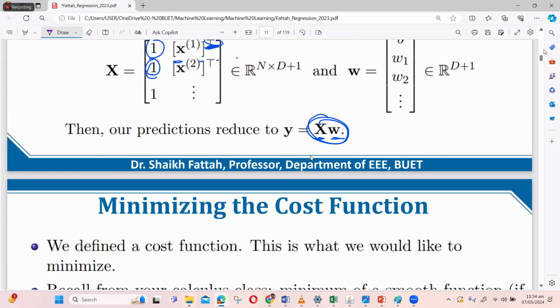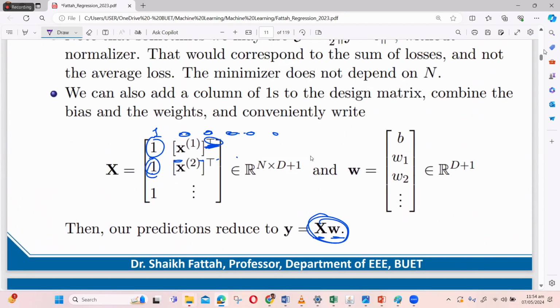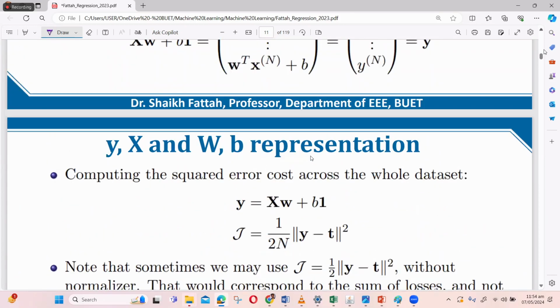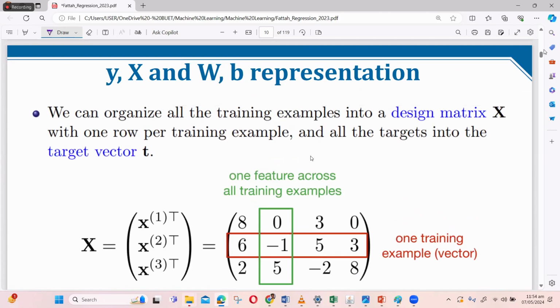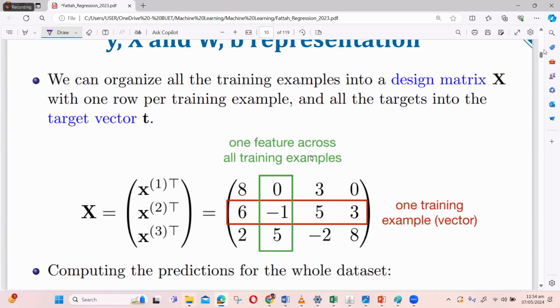Now, let's give an example. Maybe we did one example in our last class.